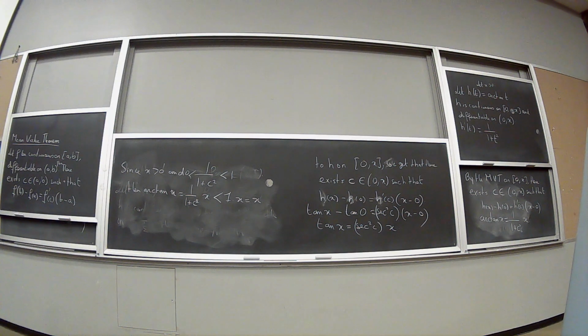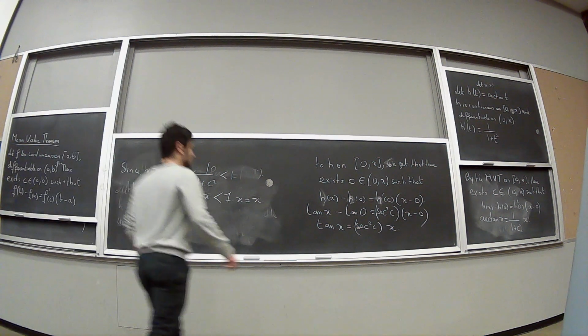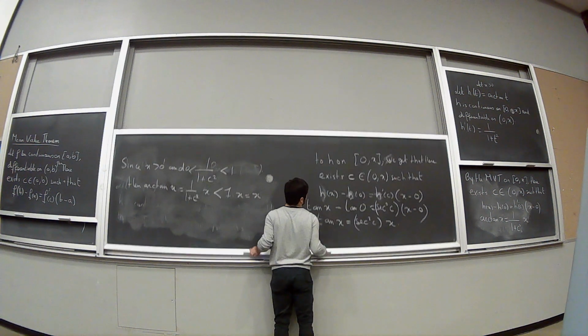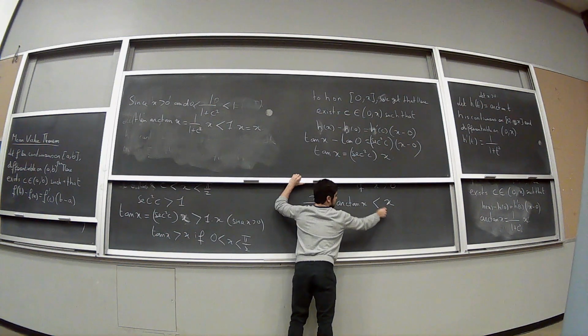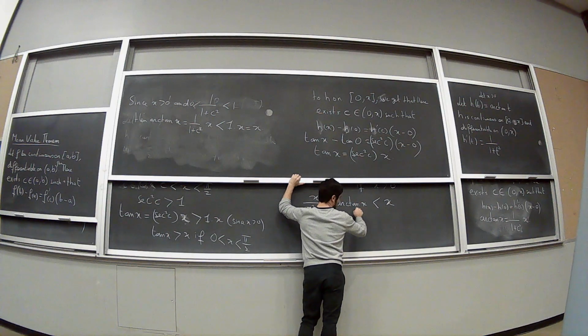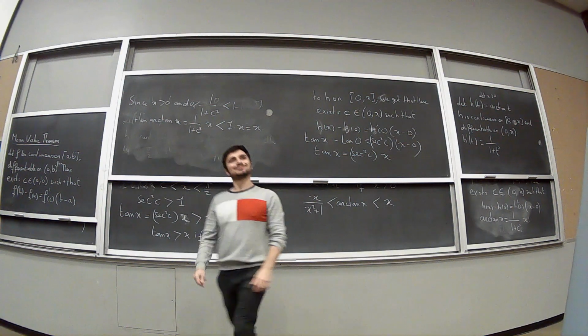Agree or not? We agree? So far, so good. I got this inequality: arctan x is strictly less than x.